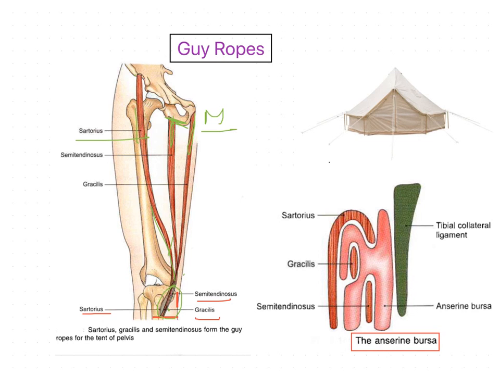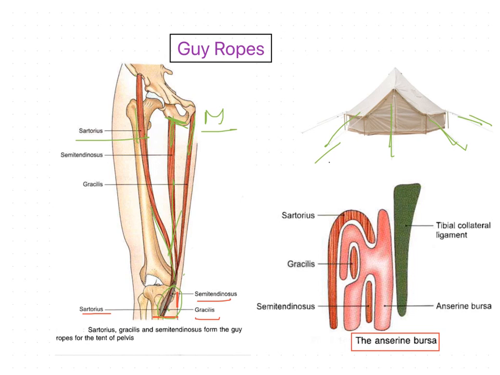Above, all these muscles spread out to span the pelvis like the strings of a tent. That means this kind of arrangement appears like guy ropes. These are called guy ropes.